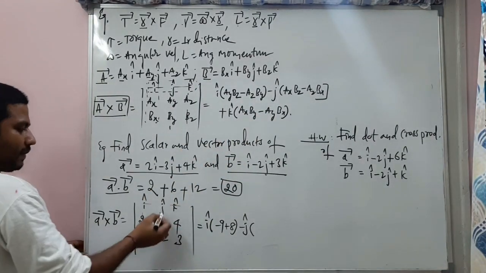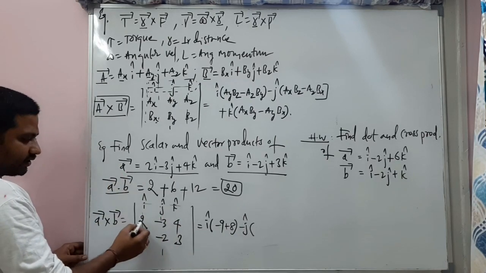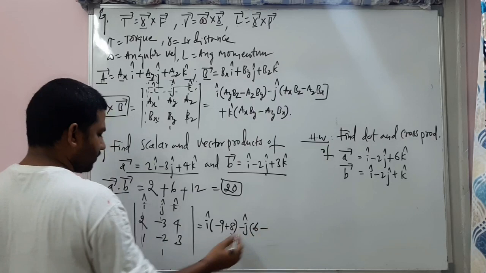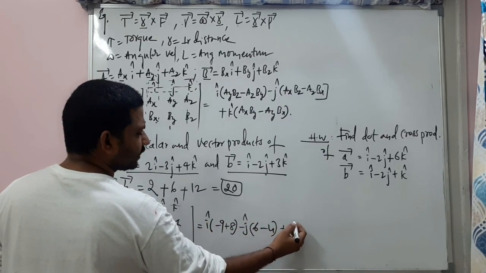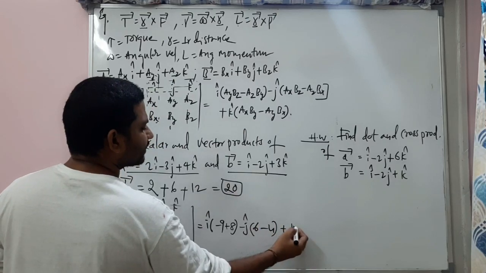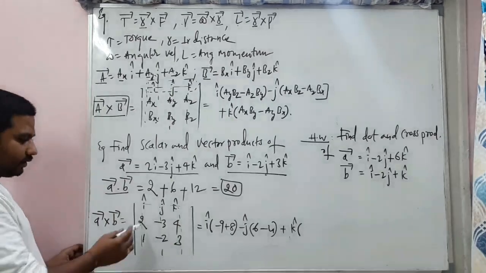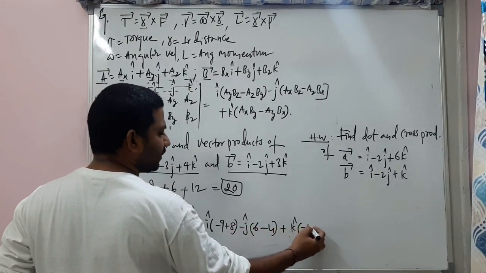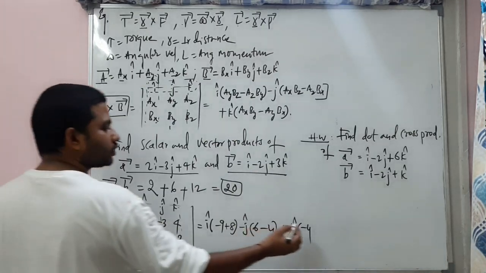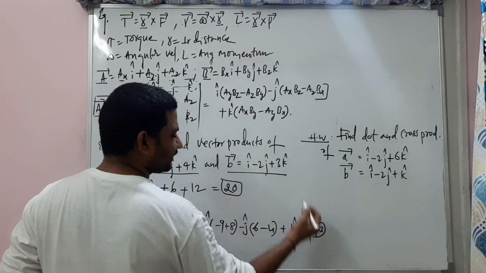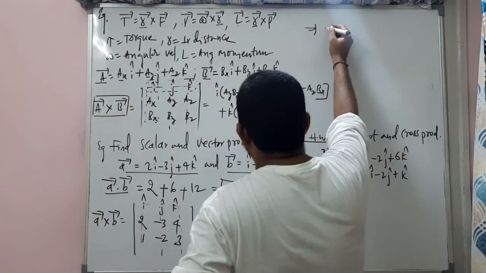So minus j cap. For j cap also, the vertical and horizontal lines are closed. Then this is 2 into 3, 6, minus 1 into 4, 4. Plus k cap: the vertical line and horizontal line cancel. 2 into minus 2 is minus 4, and minus 3 into 1 is minus 3. So minus of minus 3 is plus 3. Right? So what is the final answer here? Students, what is the final answer?